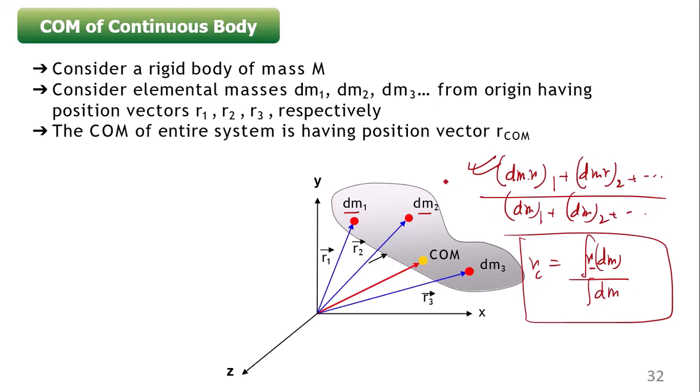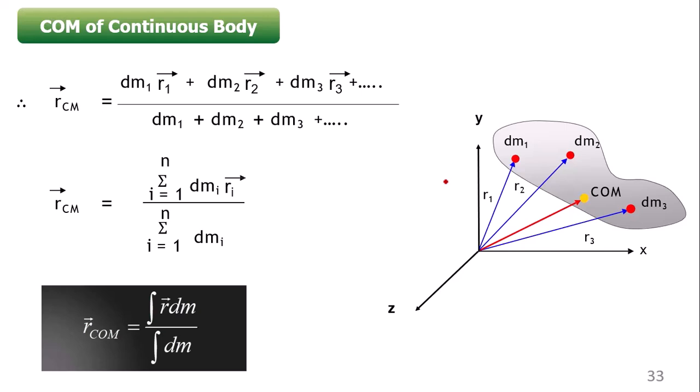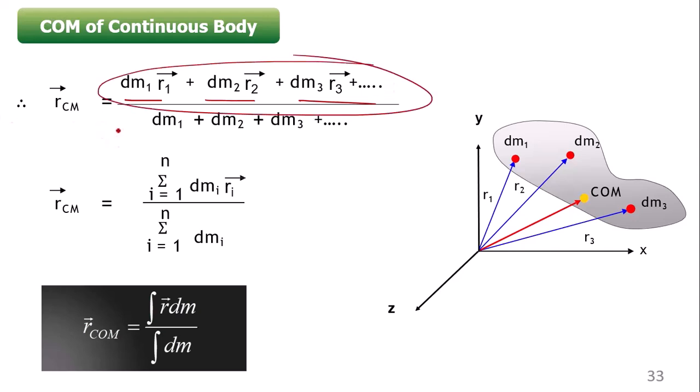So by this integration method I want to calculate this. Initially I am doing dm1 into r1, dm2 into r2, which is the summation of all those terms, meaning the integration of r dm. And the denominator, the summation of all those dm1, dm2, is again another summation, so the integration of dm. So the integration of r dm divided by the integration of dm is the r center of mass.